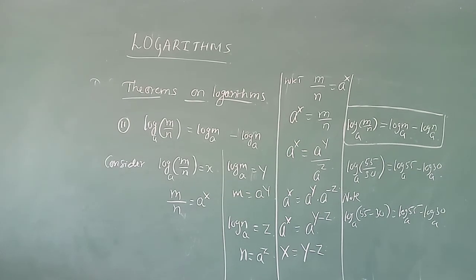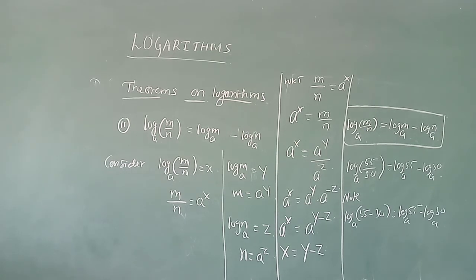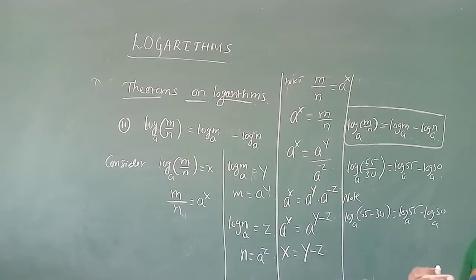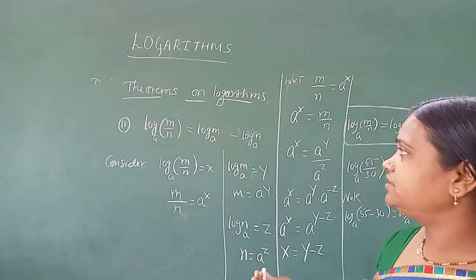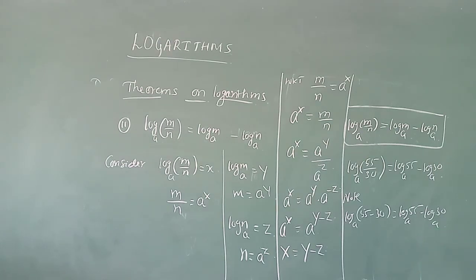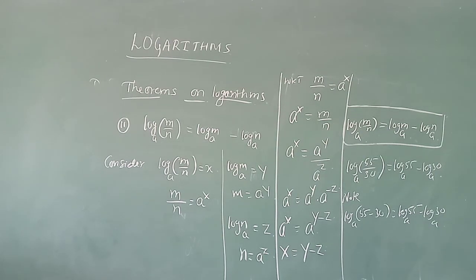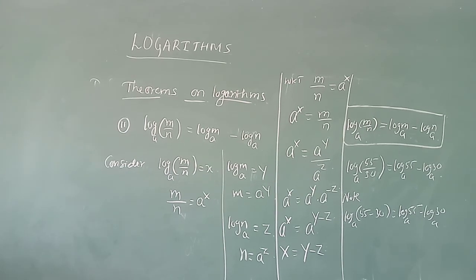Please remember that. See what we have done? In logarithm, multiplication we converted to addition, and division we converted to subtraction. Remember these two forms. We'll take another two forms in the next class.